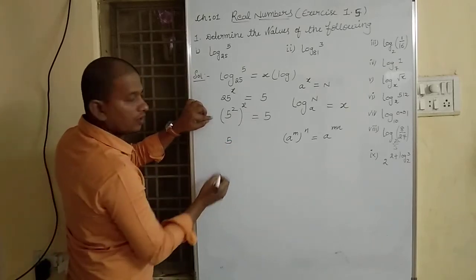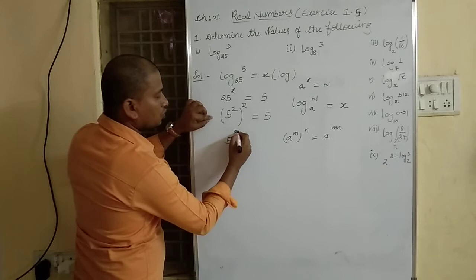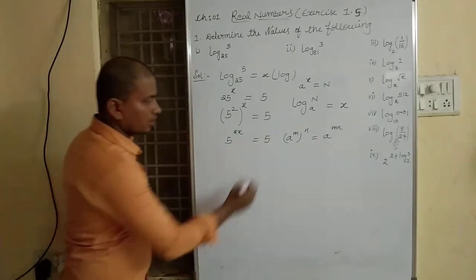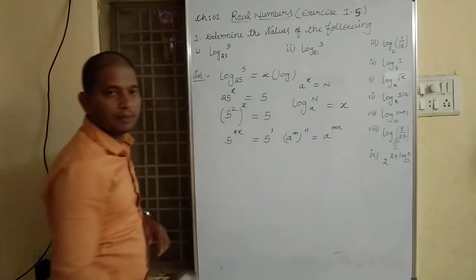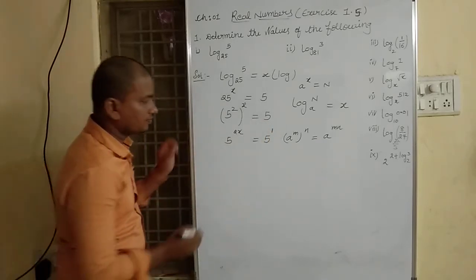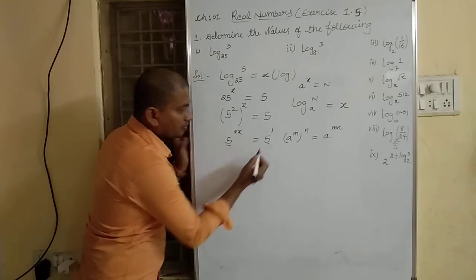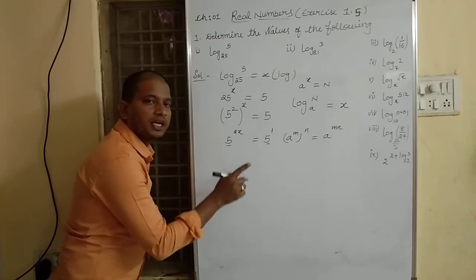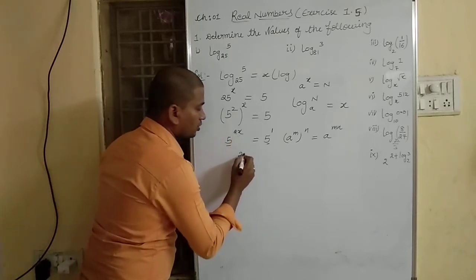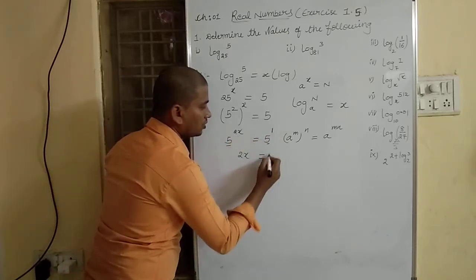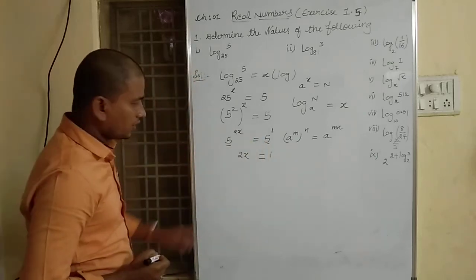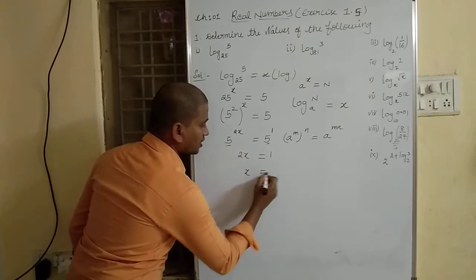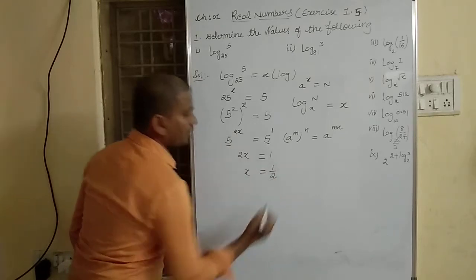So 5 to the power 2 into x, that is 2x, is equal to 5, which is 5 power 1. Here bases are equal. If bases are equal, powers should be equated. Here powers: 2x is equal to 1. Here 2 is multiplying, transpose, so x is equal to 1 by 2.